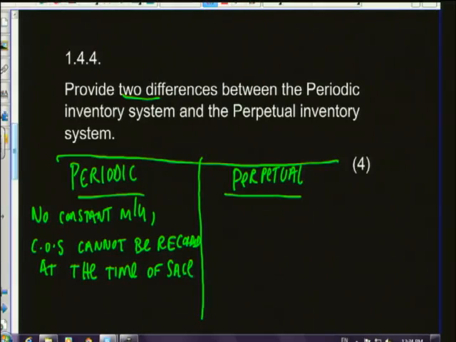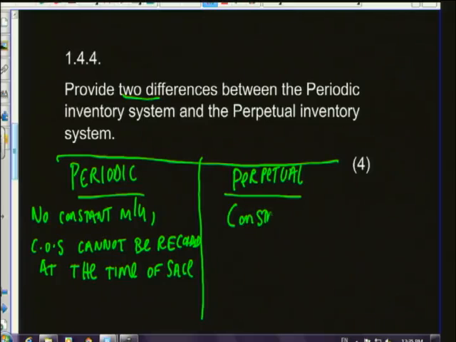Okay, right, perpetual inventory system, okay, will be the opposite. There is a constant markup, because remember, perpetual inventory system, the business is selling one type of product and therefore uses a constant markup. So in this case, there will be a constant markup.